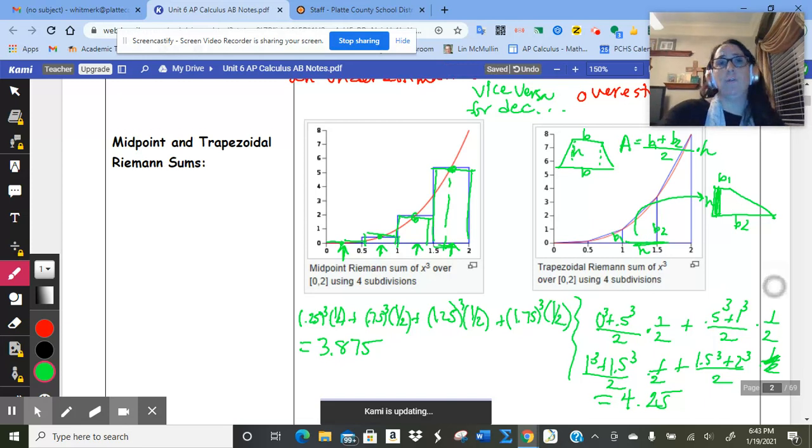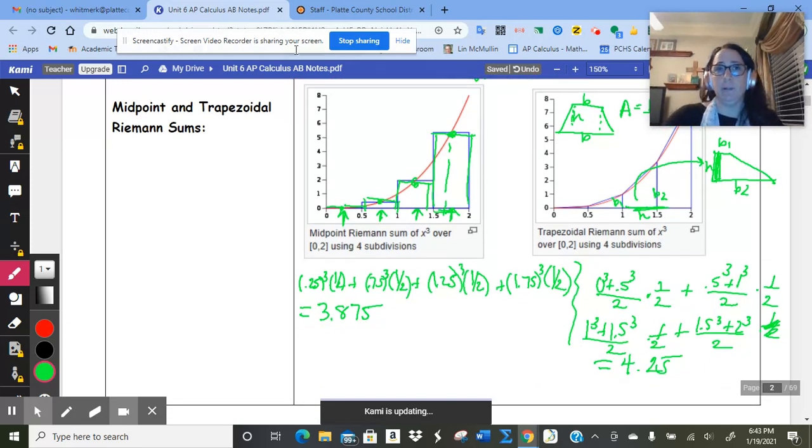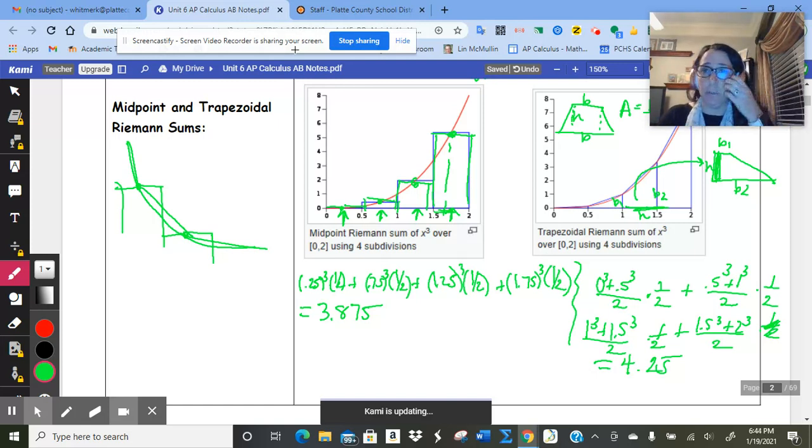All right, so with midpoint and trapezoidal, instead of just increasing or decreasing, because look, if I am decreasing, the midpoint's still kind of splitting, right? And the trapezoidal is also doing some things. So increasing or decreasing doesn't tell me the over or underestimation for midpoint and trapezoidal.